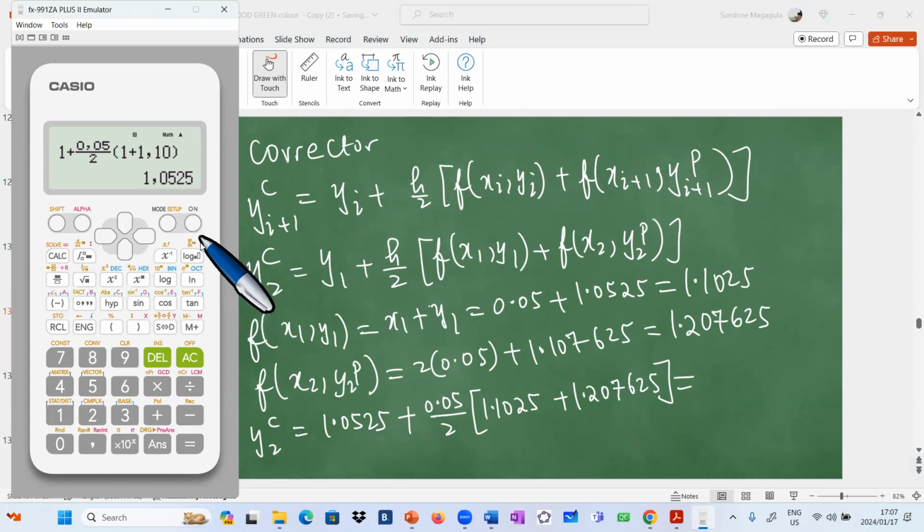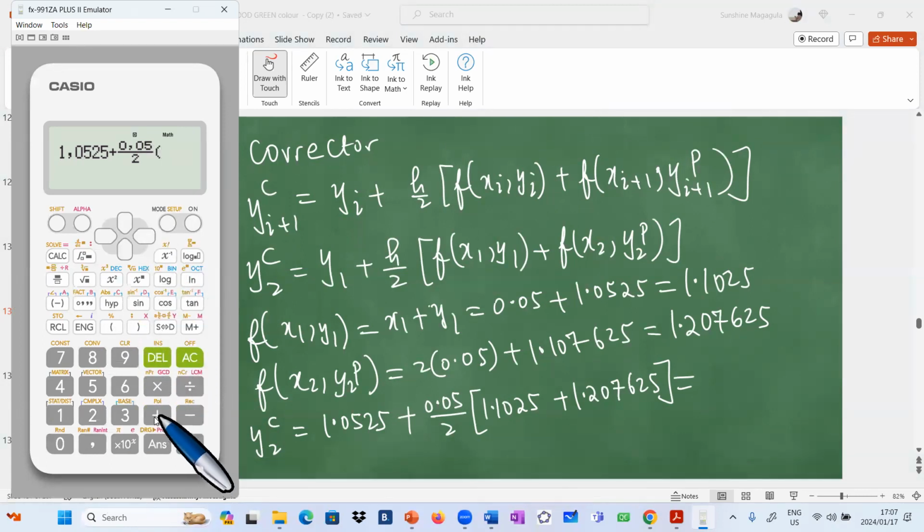At this point, we enter 1.0525 plus a fraction like this, so that we get correct answers, otherwise we need to avoid mistakes here.